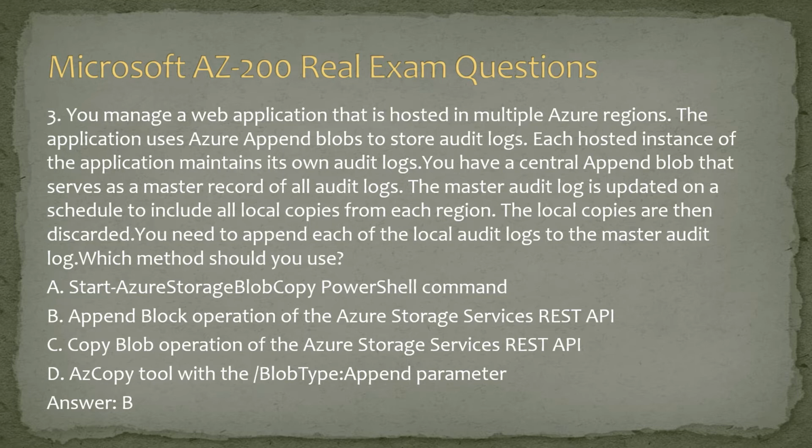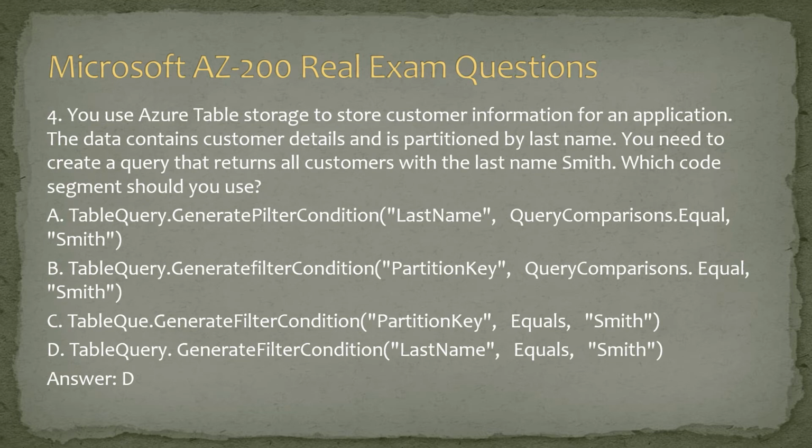A. Start-AzStorageBlobCopy PowerShell command. B. Append Block operation of the Azure Storage Services REST API. C. Copy Blob operation of the Azure Storage Services REST API. D. AzCopy tool with the blob type append parameter. Answer: B.